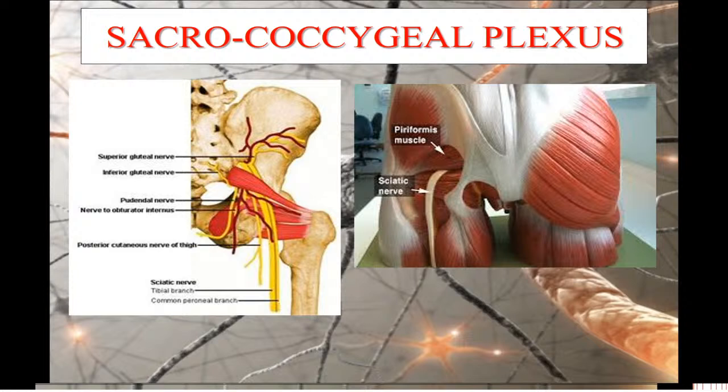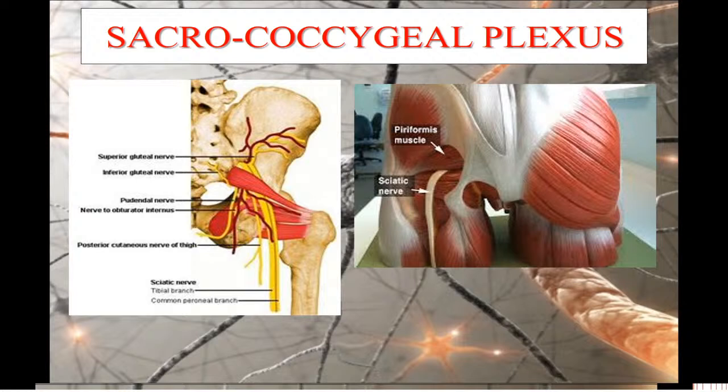Muscles of the middle compartment of the thigh, adductor muscles, are mainly supplied by the obturator nerve. And muscles of the posterior compartment are supplied by the muscular branches of the sciatic nerve.